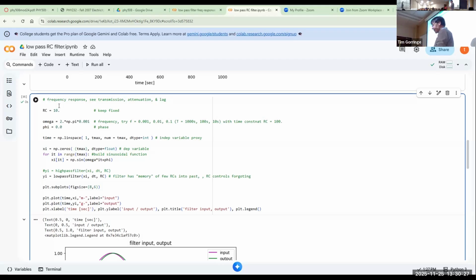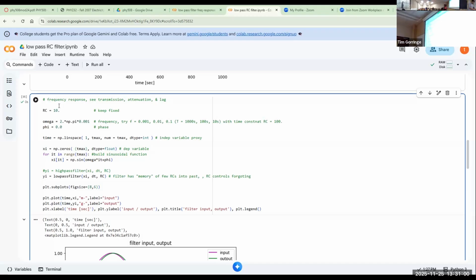Is it extinguished by the filter? Or is it just attenuated by the filter in some way? What is the gain of that signal? If it passes straight through the filter unaltered, then we would say the gain for that frequency is 1. If it was completely extinguished by the filter, we would say the gain at that frequency is 0. And then if it's just somewhat attenuated, then we could describe the attenuation of the signal with that frequency.